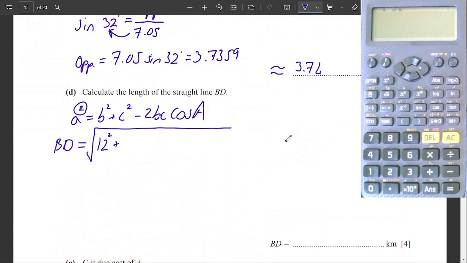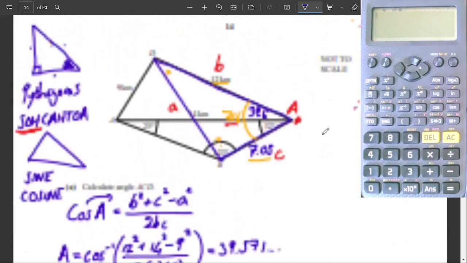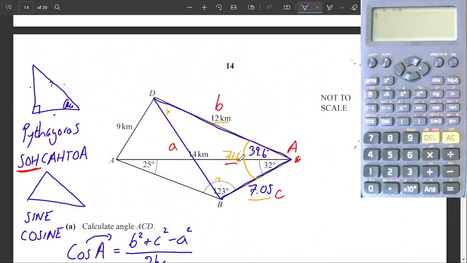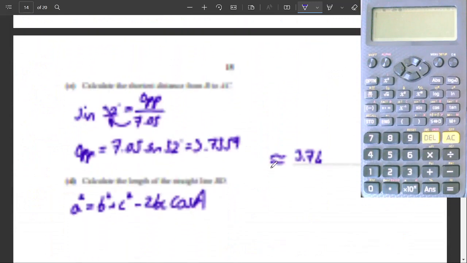Remember, you can swap these two around. It doesn't matter. Minus 2, then again B is 12, C is 7.05, cos, capital A is that angle there, which we figured out, 71.6.